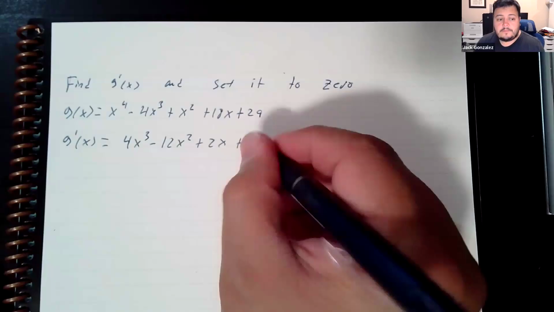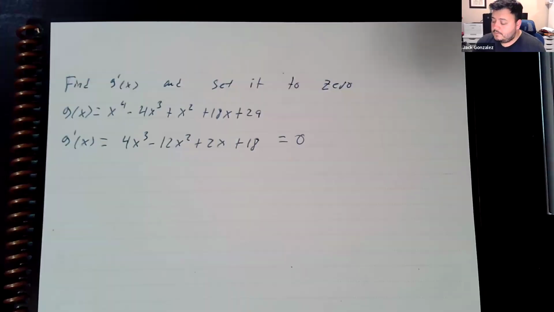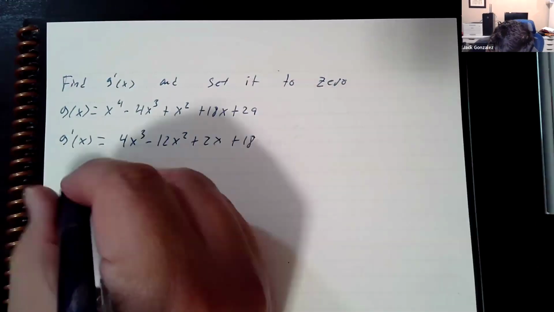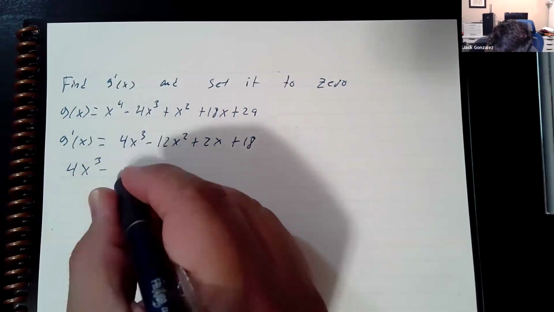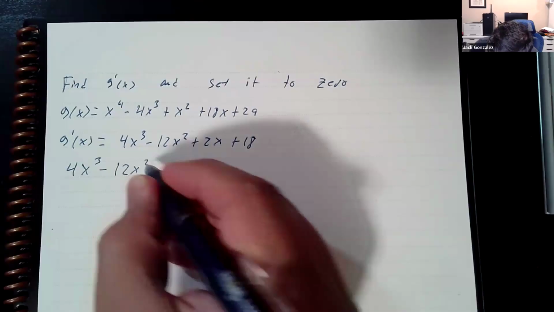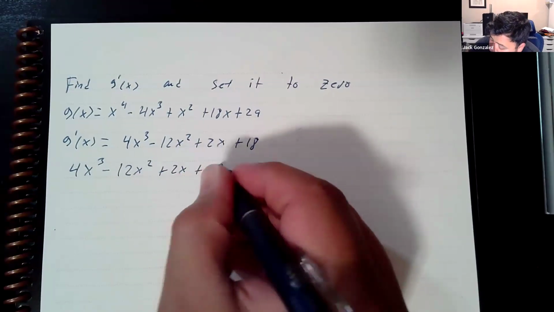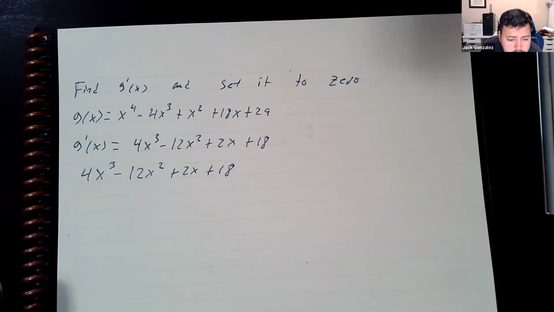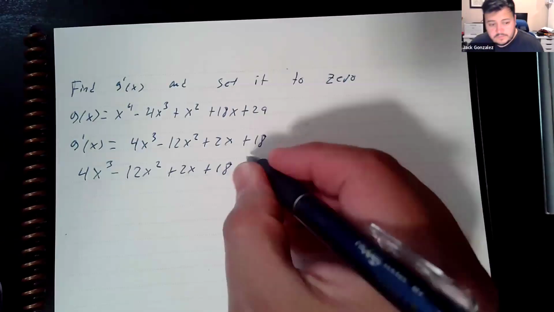So set this to 0. This is where I need synthetic division, so we can't solve this the easy way, I don't think. Let me see. Yeah, we'll have to do synthetic.